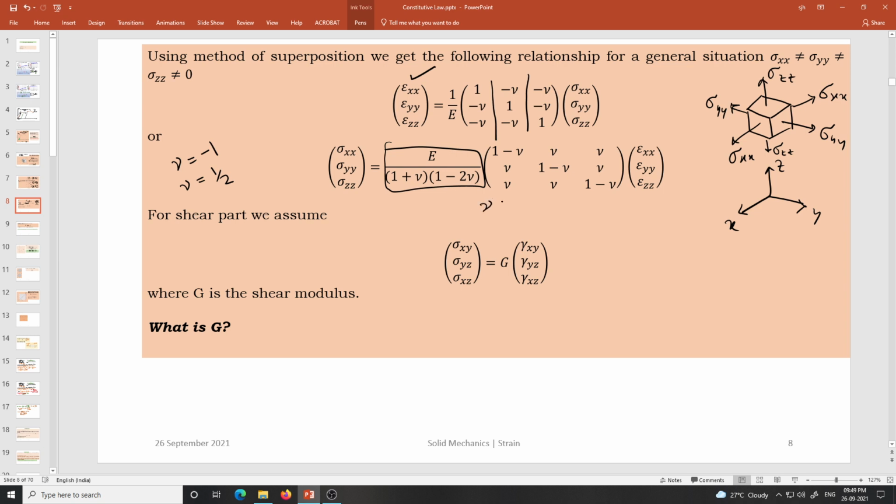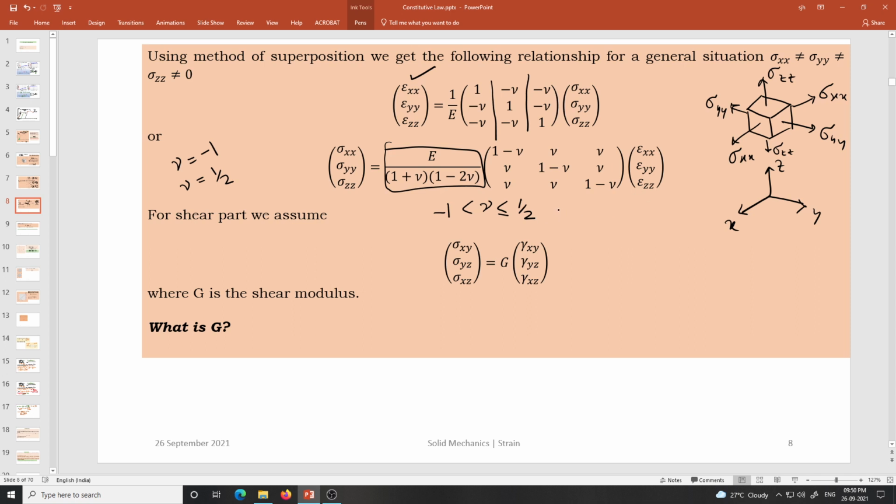So that's why we say that the meaningful value for the Poisson ratio is bounded. When it hits the value half, then we say that it is incompressible.